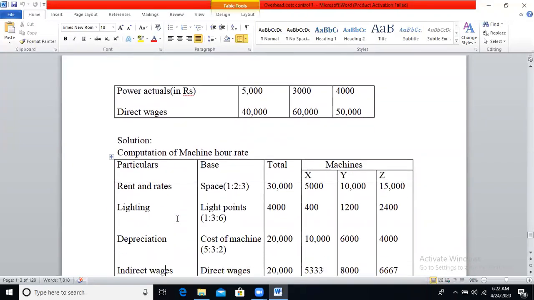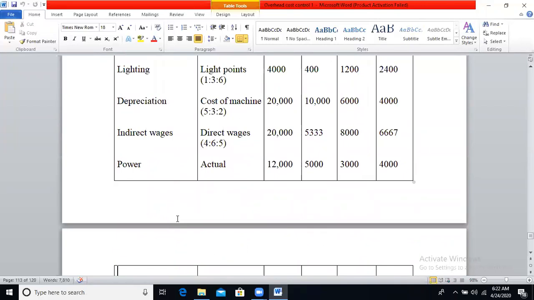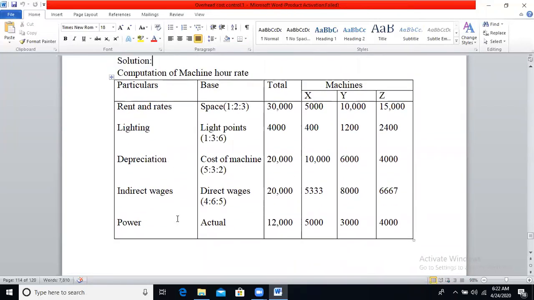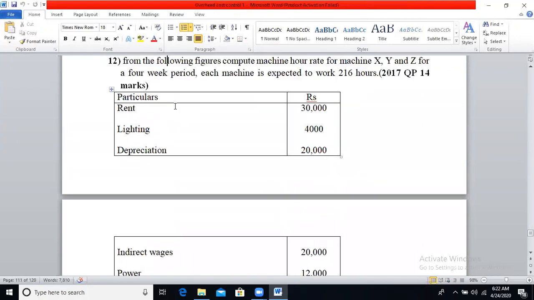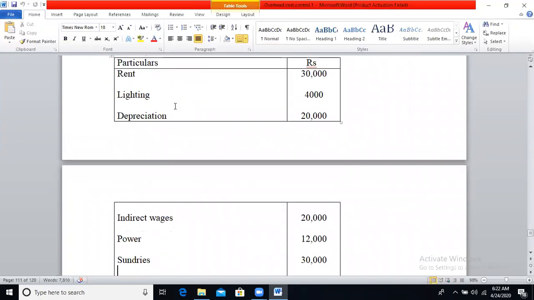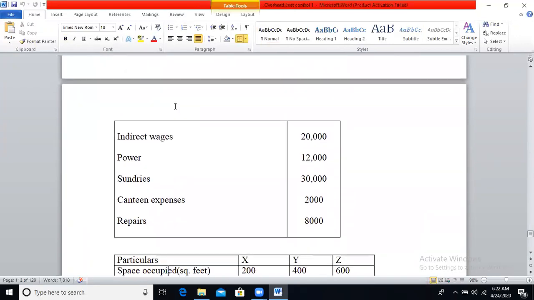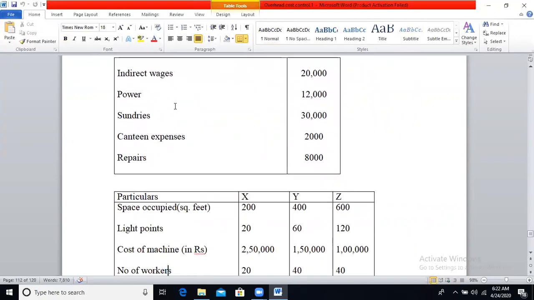To see the calculation of machine hour rate, first write the format: particulars, basis, the total value, and apportioning the total into all the three machines. Rent and rates, lighting, depreciation, indirect wages, power, sundries, canteen expenses, repairs.